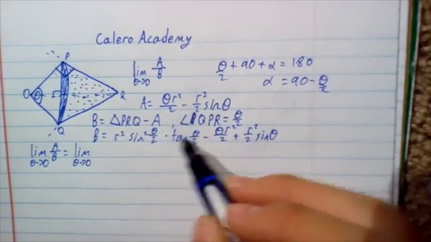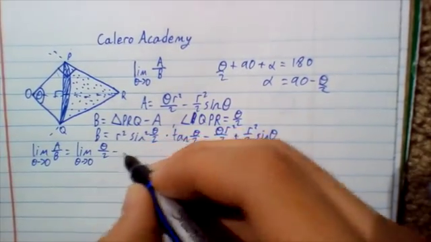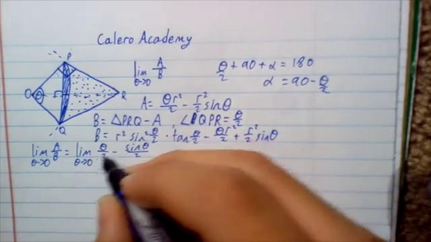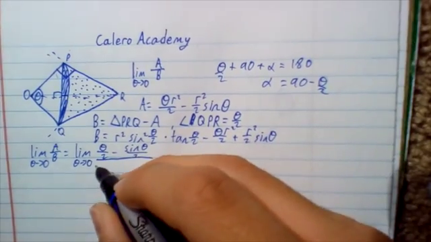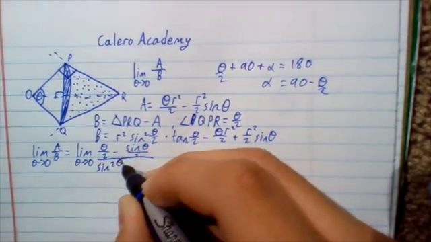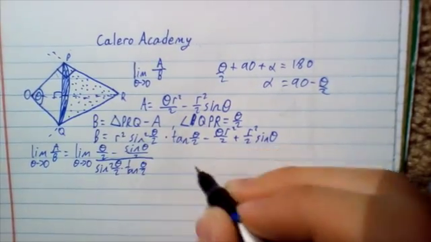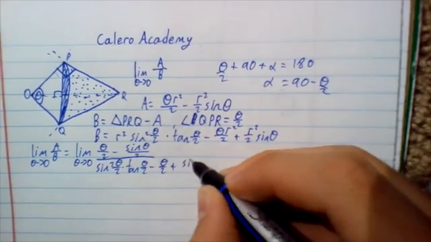As we can see, r squared is in every single term, so we can just divide throughout by r squared. So on the top, we have theta on 2 minus sine of theta on 2, all divided by sine squared theta on 2 times tan of theta on 2 minus theta on 2 plus sine theta on 2.